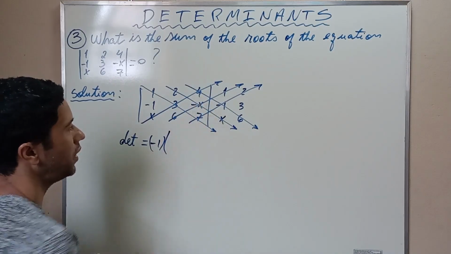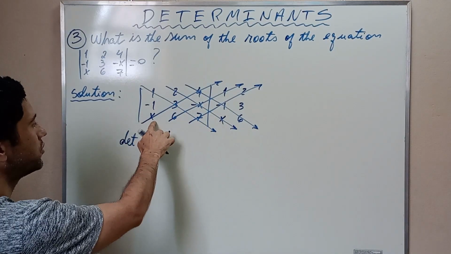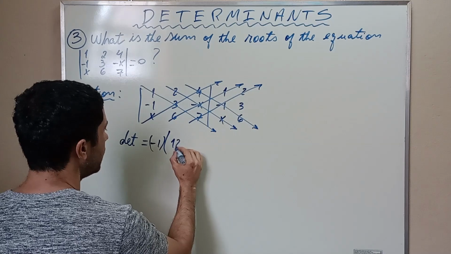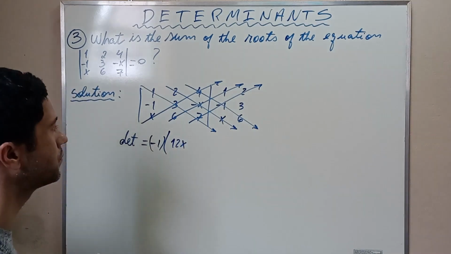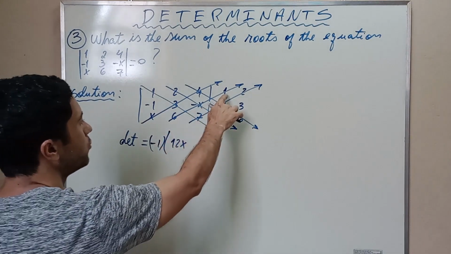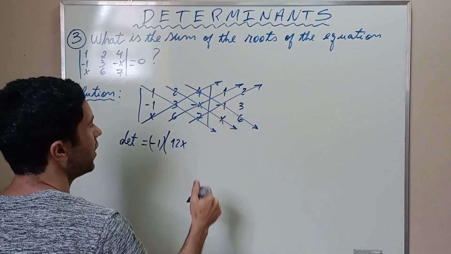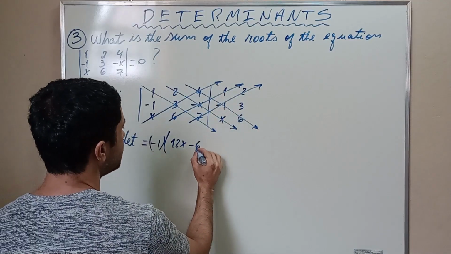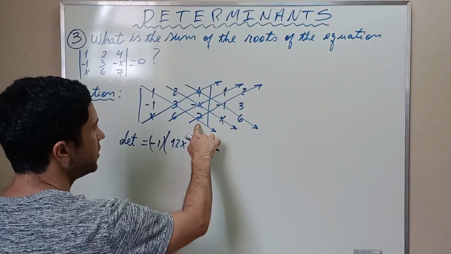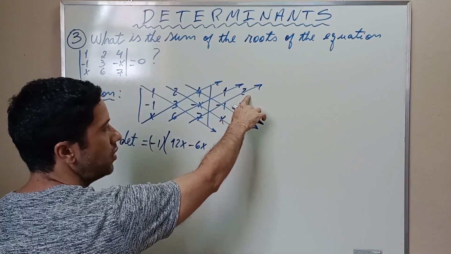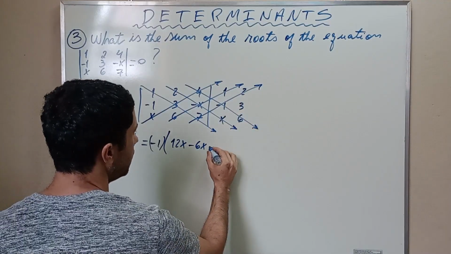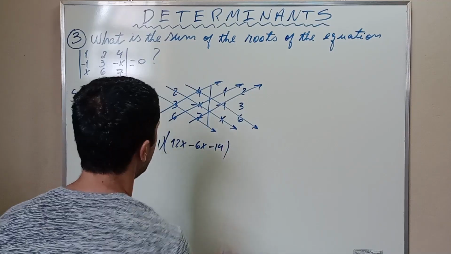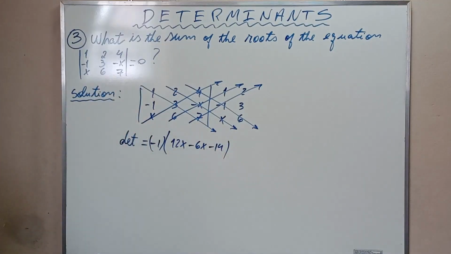3 times 4 is 12, times x is 12x. 6 times 1 is 6, times -x is -6x. 7 times 2 is 14, times -1, -14. This for the secondary diagonals.